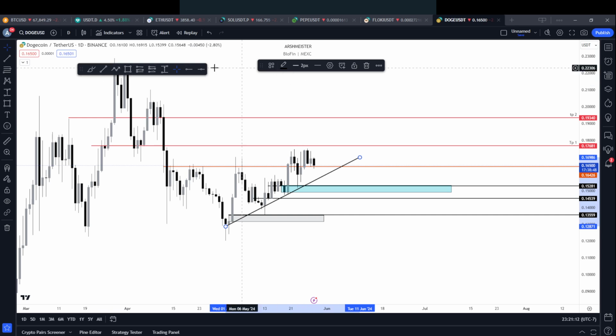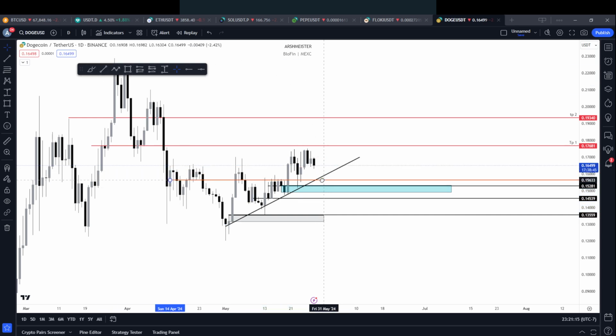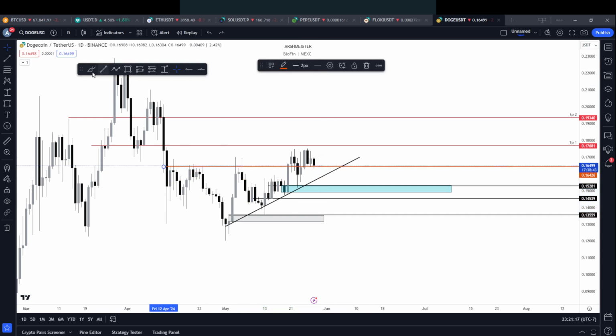If we close below and then go reject the trend line and come back down, then I will close more out. But we just want to see that trend line hold, and we do not want a break of structure or market structure shift from an uptrend making higher highs, higher lows into a downtrend making lower highs and lower lows. Okay, so keep your eyes out on that.